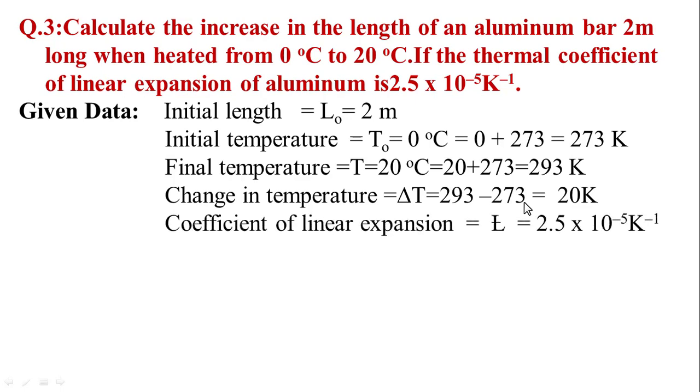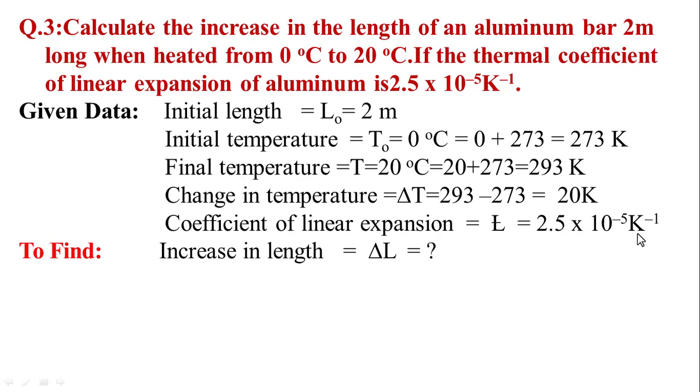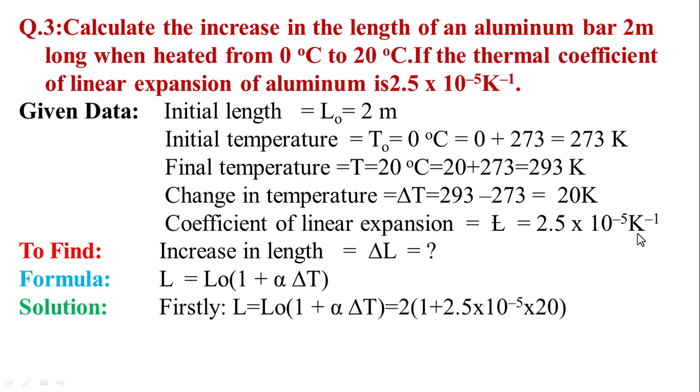Now the coefficient of linear thermal expansion is denoted by alpha, equal to 2.5 multiplied by 10 raised to power minus 5 per Kelvin. To find the increase in length delta L, using the formula L is equal to L naught into 1 plus alpha delta T, we first find the change in length or final length at 20 Celsius.